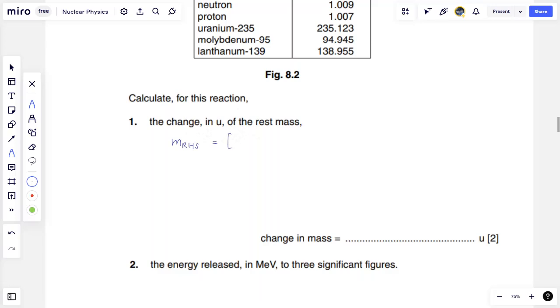Simply, it's the mass of lanthanum and the mass of the molybdenum atom, which is given to be 94.945, plus the mass of lanthanum, given in the table, 138.955. Many significant figures here.